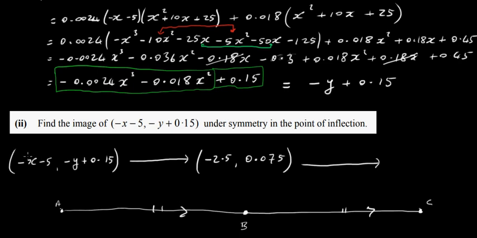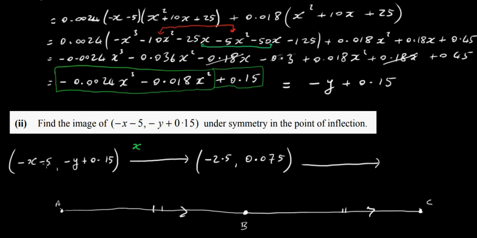So what do I have to do to this x value to get this x value here? Well, I have a minus x minus 5 going to minus 2.5. So what I've got to do here is get rid of this x. How do I get rid of a minus x? Well, I add x. If I added x to this, I would have no x here, and that's exactly what I want.